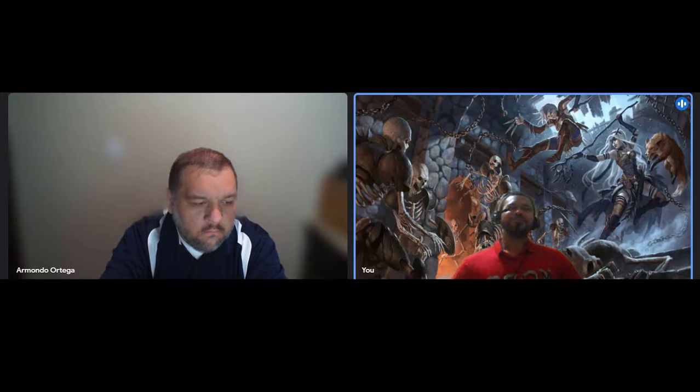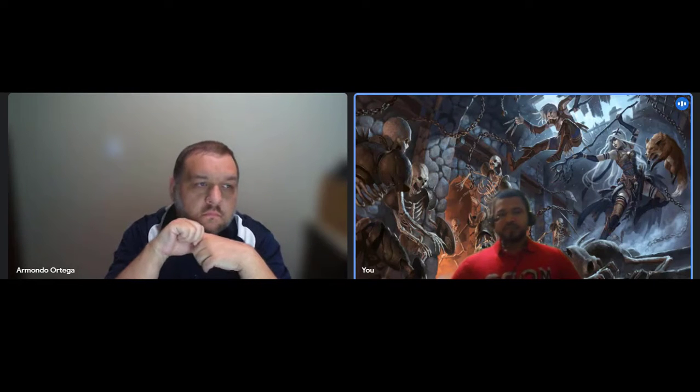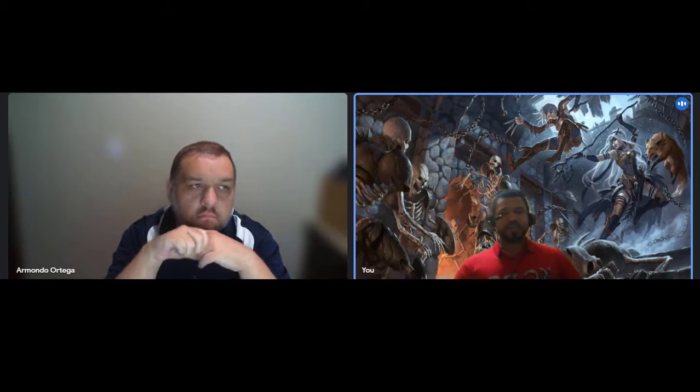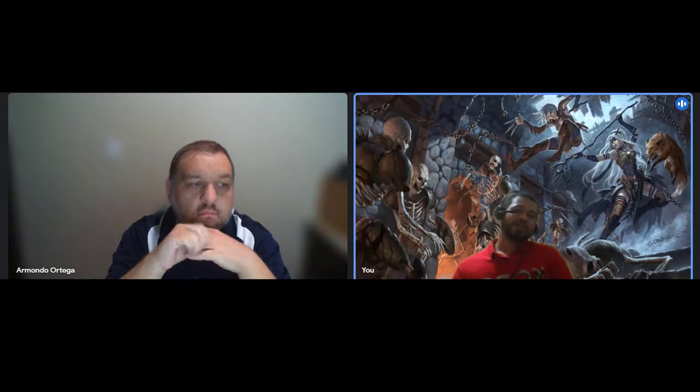So one of the cool things is their ability to really change out their spell types. Starting on second level, one of their things is Awakened Spellbook, which offers them a couple of different options.